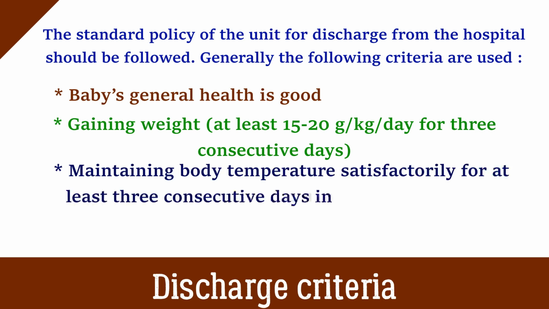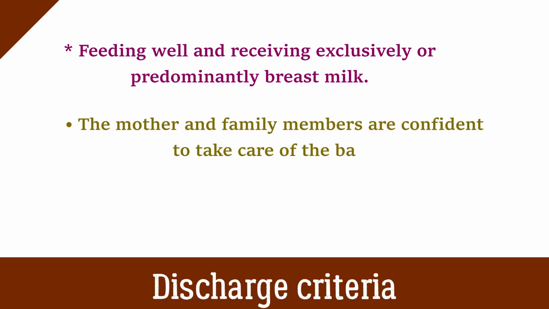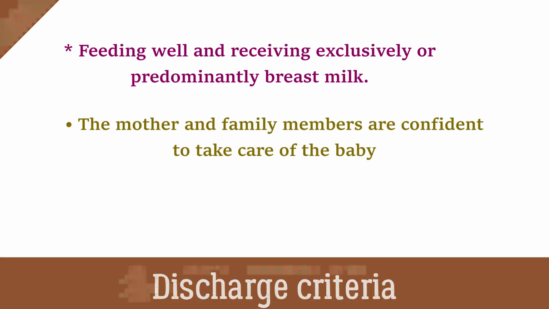Maintaining body temperature satisfactorily for at least 3 consecutive days in room temperature. Feeding well and receiving exclusively or predominantly breast milk. The mother and family members are confident to take care of the baby.